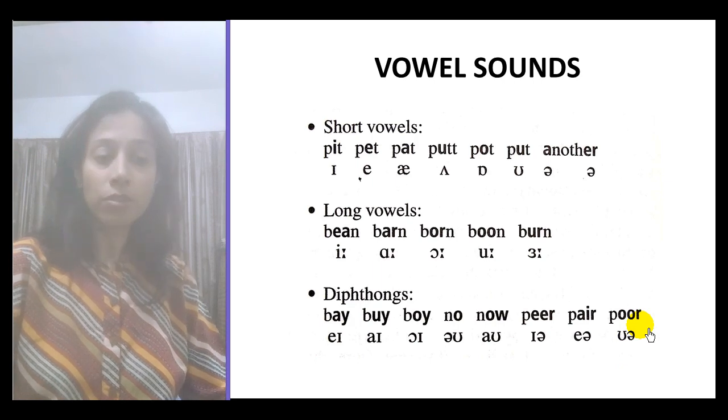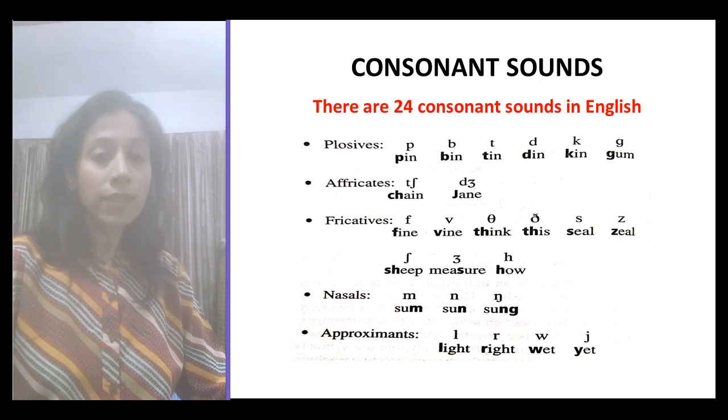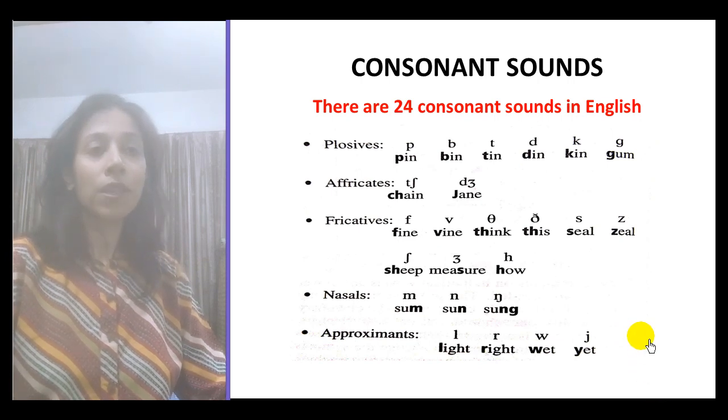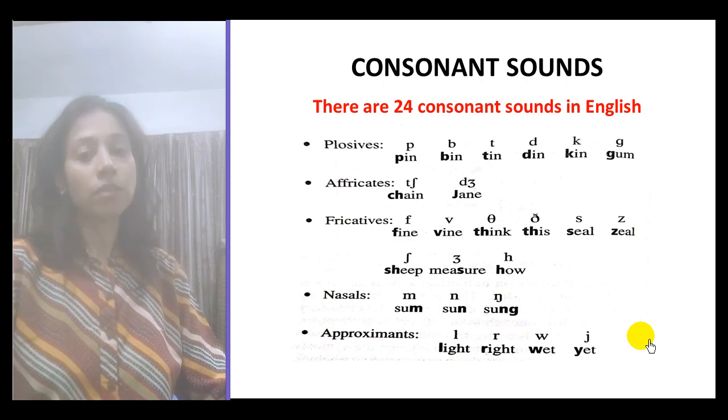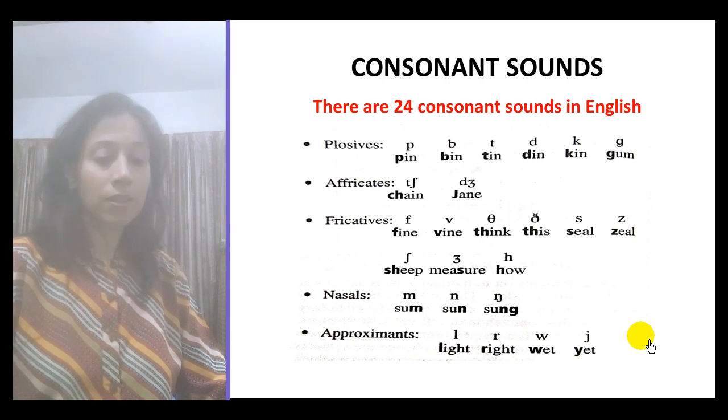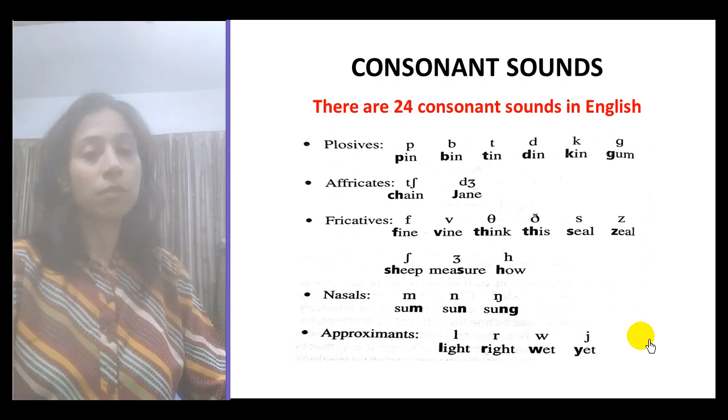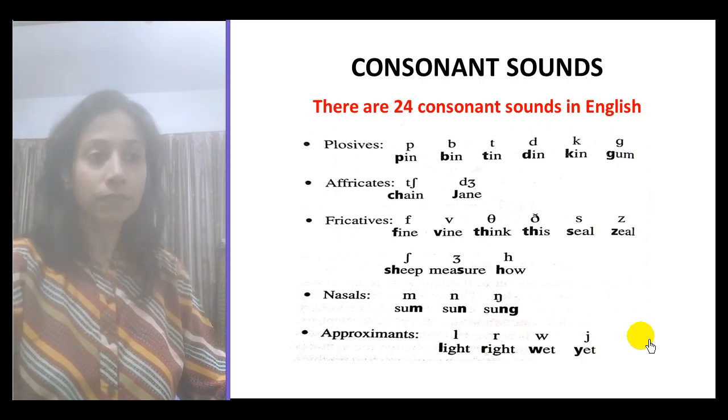So these were your diphthongs, right? So in today's class, you are only expected to have a feel for these sounds. And later on, maybe you can have more practice, and then you would be able to learn it better. Of course, I'll be sharing this slide with you, so you can also practice using the slides.